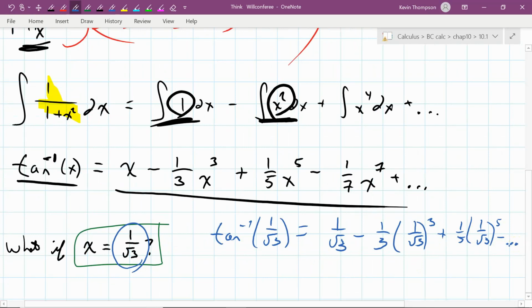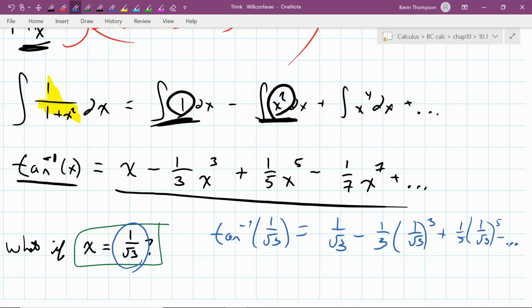And you look at this and go, I don't have any idea why you're doing this or why this is interesting. What is the inverse tangent of 1 over root 3? You know it. It's on the unit circle. It's inverse tangent, so I would like it in radians because remember that derivatives and antiderivatives are only true in radians, so we should be thinking radians here.